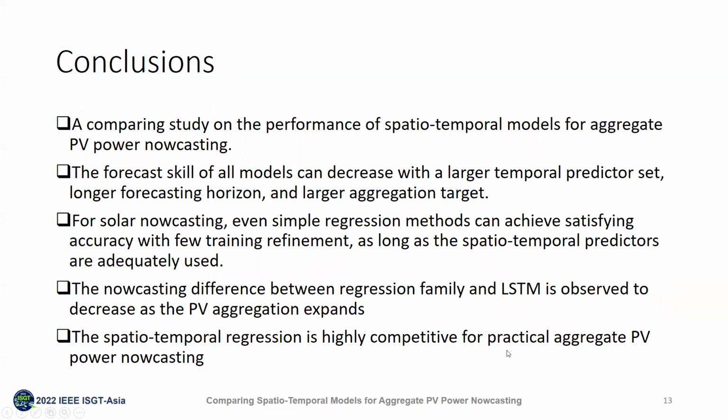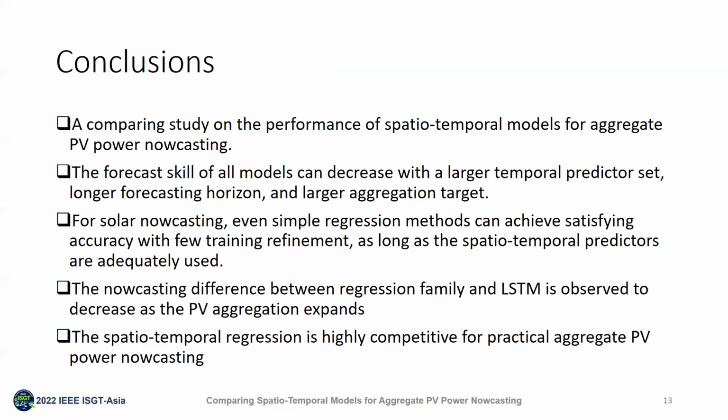Our study is a comparative study on the performance of spatial-temporal models for aggregate PV power nowcasting. After we conducted 3 case studies, we found that the forecast skill of all models can increase with a larger temporal predictor set, shorter forecasting horizon, and a larger aggregation target.